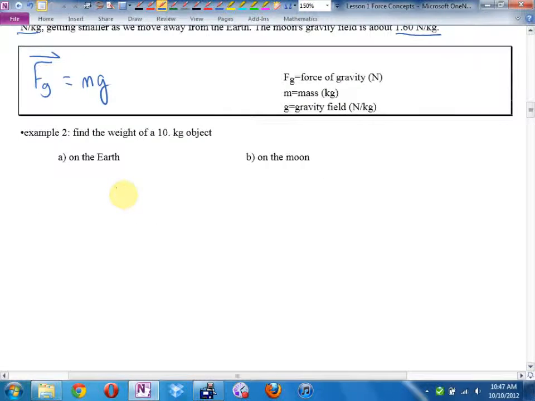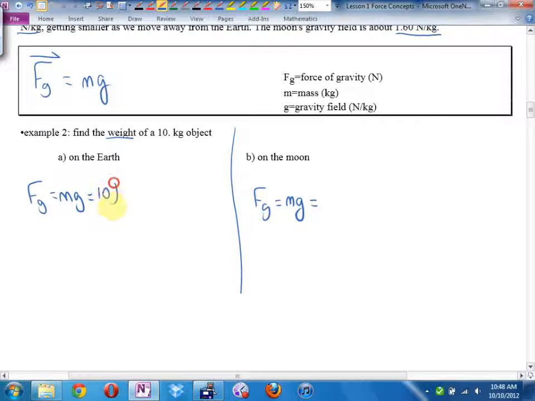Find the weight of a 10 kilogram object. Did it say find the mass of a 10 kilogram object? It said find the weight. What's the weight? The weight is the gravitational force, which is given by mg, which is going to be a mass of 10, times, on the Earth, what's the gravitational field strength?